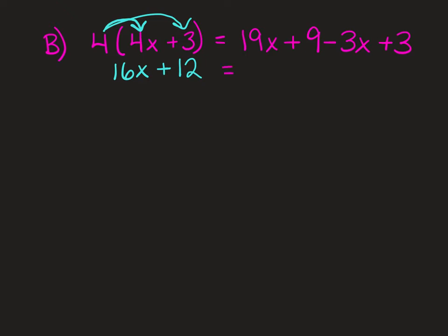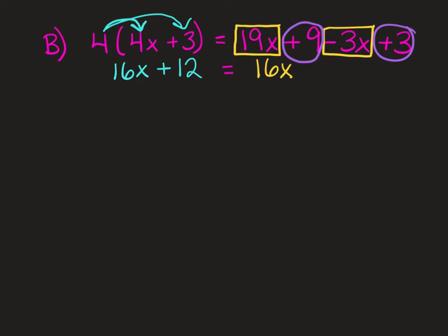On the right side, we have some like terms. Positive 19x and negative 3x are like terms, so 19x minus 3x is 16x. And then we have a positive 9 plus 3. They're both just constants. 9 plus 3 is 12.